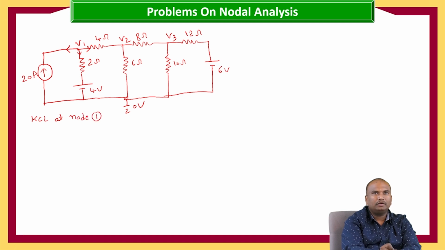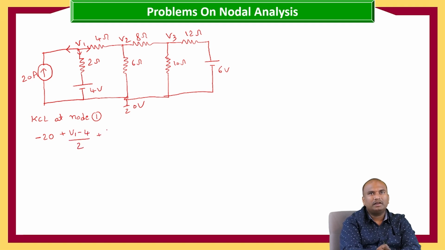The current is in the reverse direction of our assumed direction, so minus 20 plus (V1 minus 4) by 2 plus (V1 minus V2) by 4 plus V2. Only 3 currents are there, which equals 0.